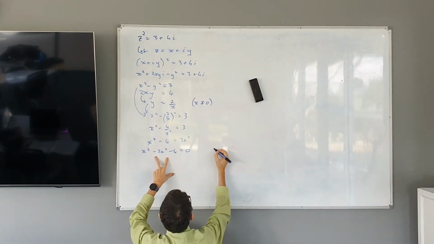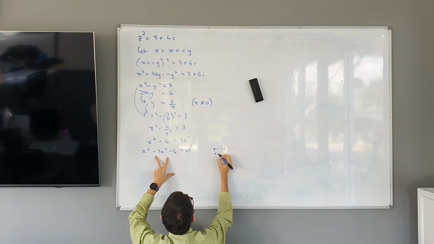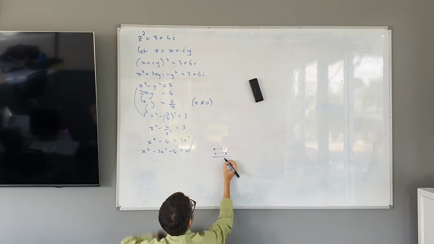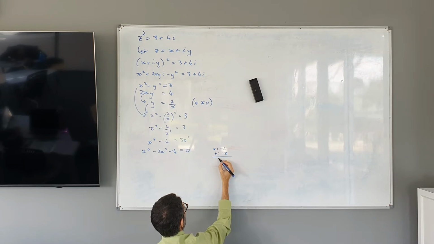Two numbers that multiply to -4 and add to -3. So I must have 4 and 1.